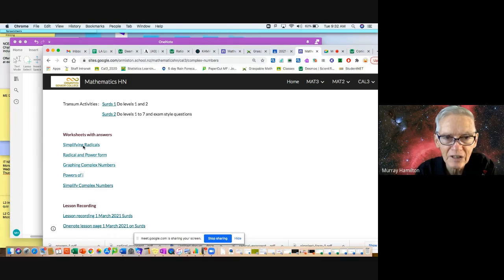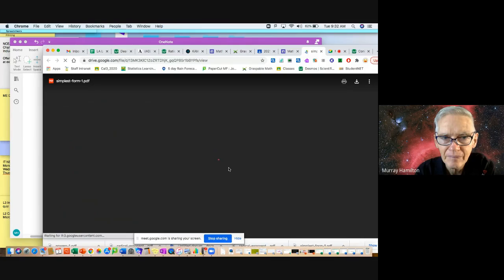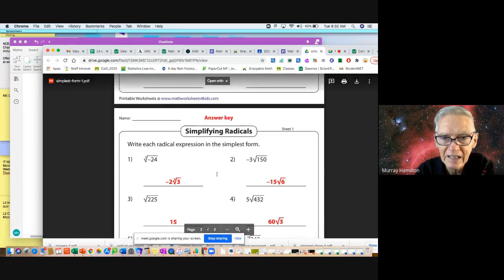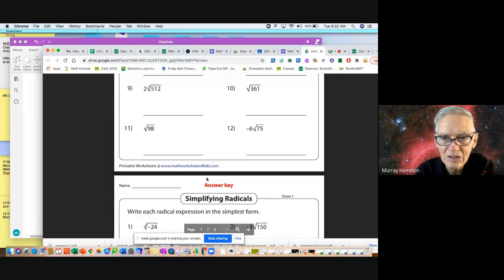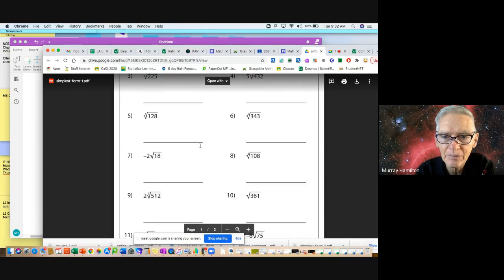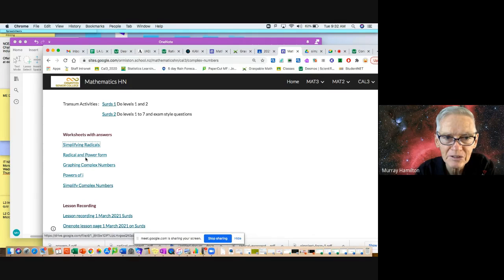So if you click on this, it will take you to a worksheet. And this worksheet, I'd like you to do it, just some practice on those, and it has answers down the bottom. So you can check your answers once you've got it. There are about 12 on each worksheet, or maybe less. Probably you might get the first 2 done.